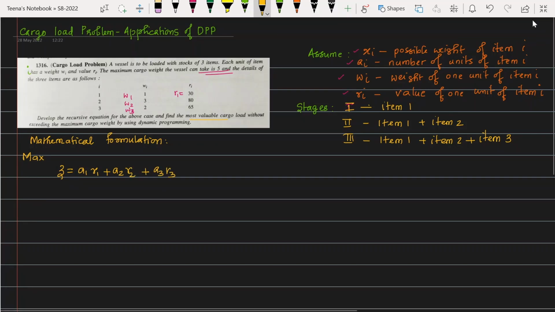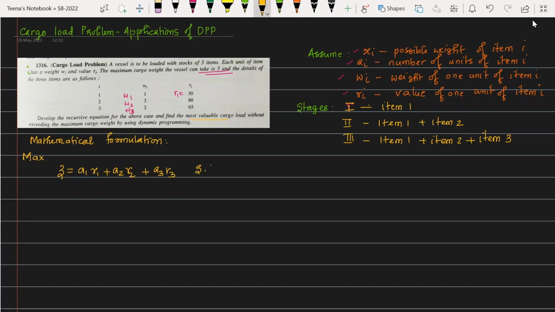As you can see from the assumptions here, A1 is the number of units of item 1, R1 is the value of 1 unit of item 1. So the total value of item 1 is A1 R1. The total value of item 2 is A2 R2, and the total value of item 3 is A3 R3.